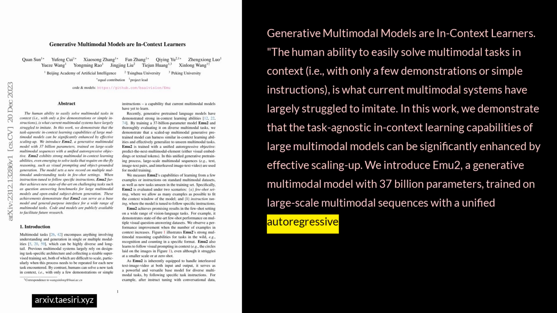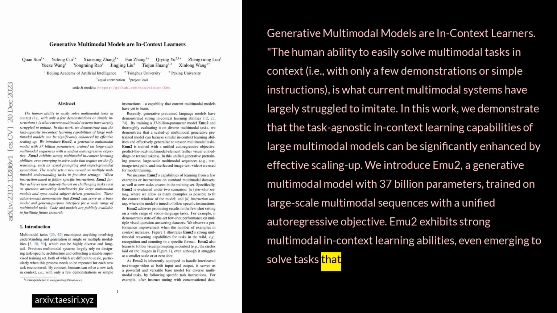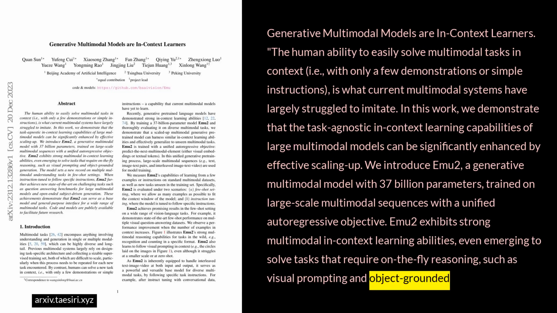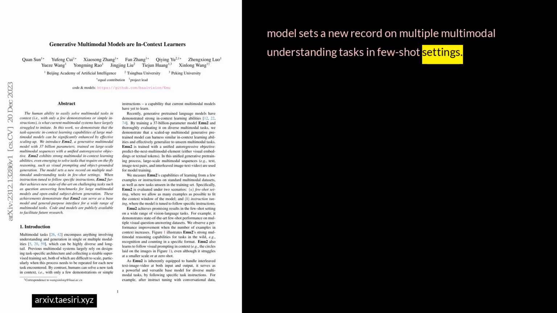a unified autoregressive objective. EMU2 exhibits strong multimodal in-context learning abilities, even emerging to solve tasks that require on-the-fly reasoning, such as visual prompting and object-grounded generation. The model sets a new record on multiple multimodal understanding tasks in few-shot settings.